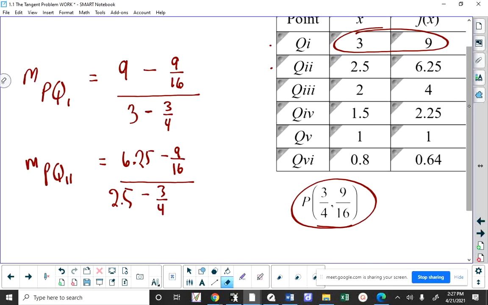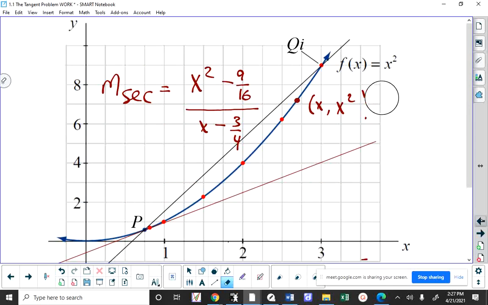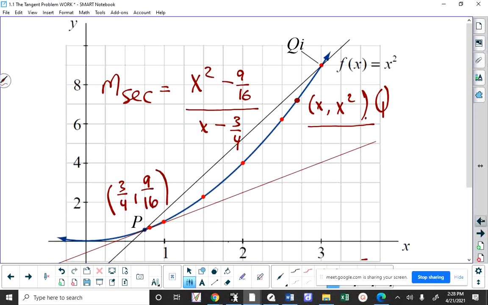But in a very general sense, if Q is at this and P is at this, then the slope of PQ is x squared minus 9/16 over x minus 3/4. So why don't we use that idea with our calculator?